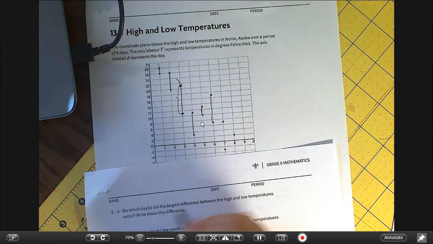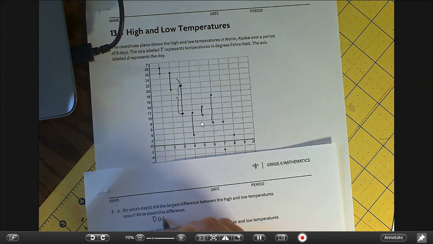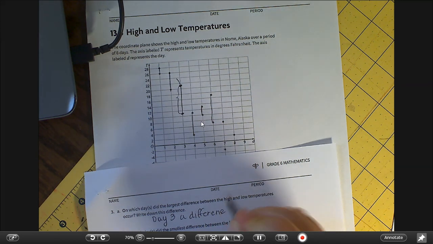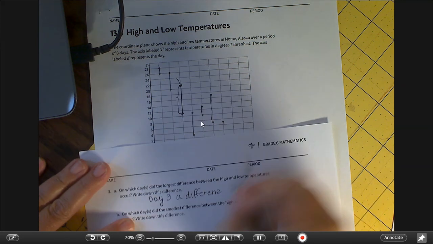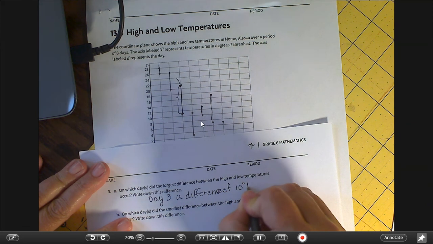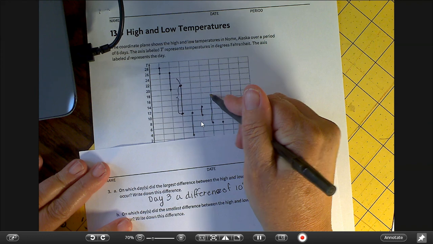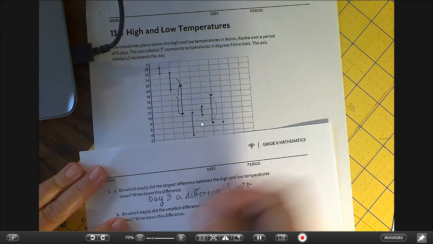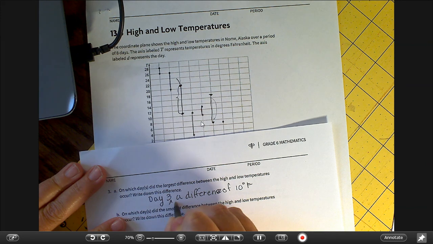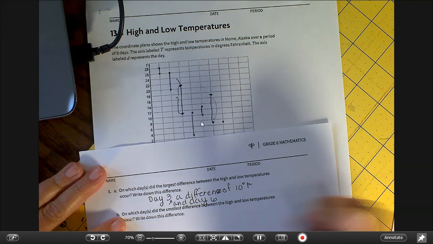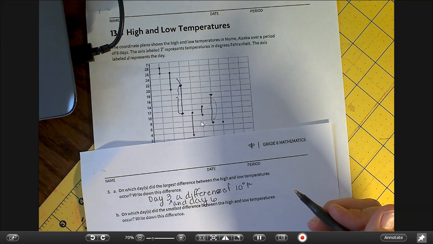Oops. So that was on day 3, a difference of 10 degrees. And here's the same. So 17 and 7 was also a difference of 10 degrees. So day 3 and day 6 had a difference of 10 degrees.